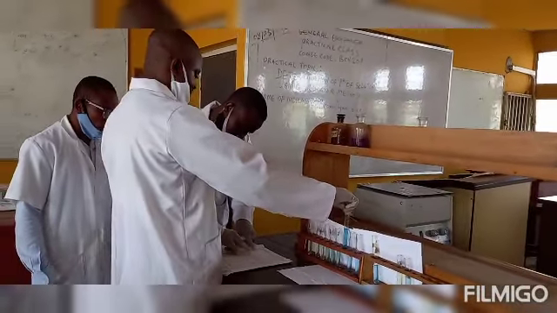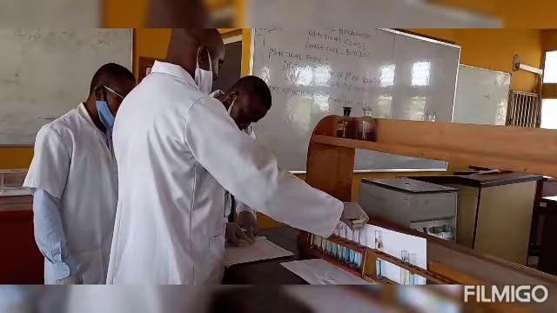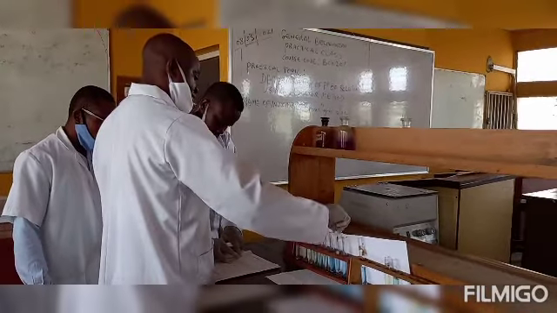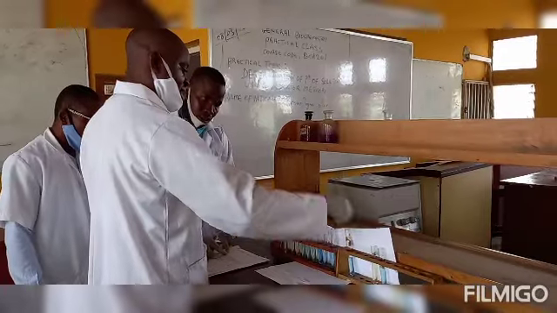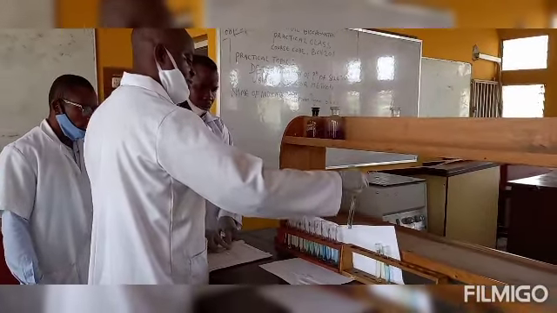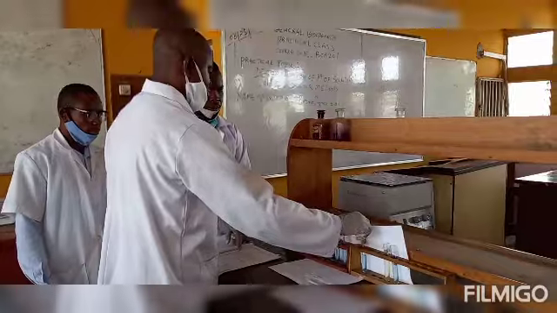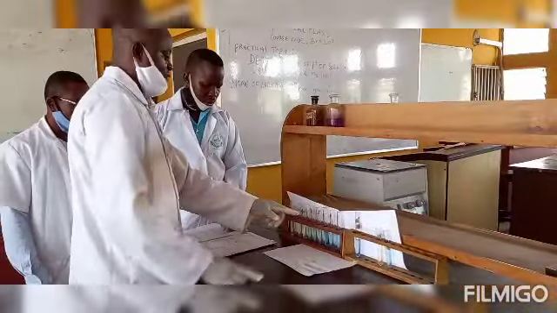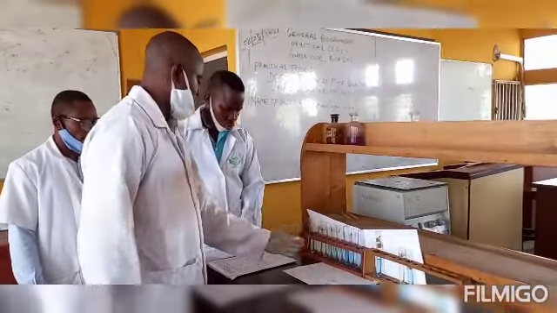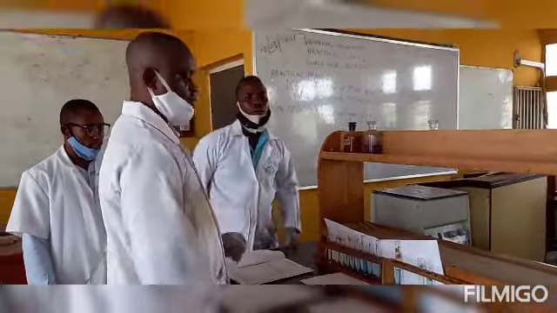Tube 8 7.2, tube 9 7.6, tube 10 7.8, and tube 11 8.0. That is, from tube 1 to tube 11 we have a different pH range from 6.0 to 8.0.